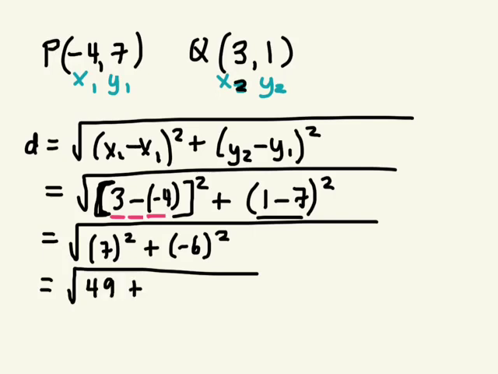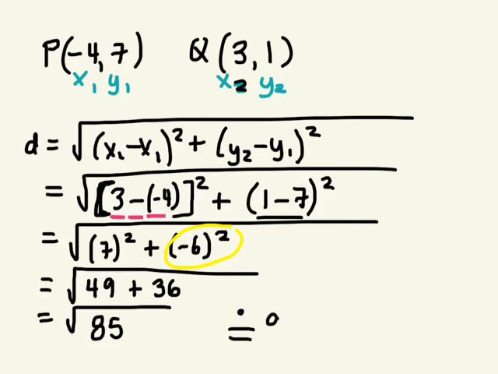Plus, what's negative 6 times negative 6? Positive 36. Good. What's 49 plus 36? 49 plus 36 is 85. The square root of 85, we're going to round it to 1 decimal place. Is approximately equal to 9.2.